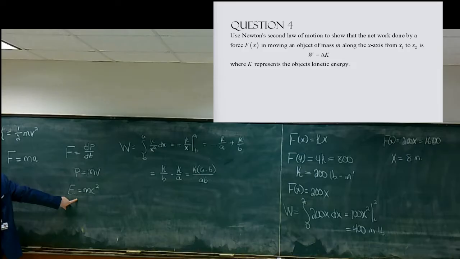How do you think the atomic bomb works? E equals mc squared. How do you think the sun works? E equals mc squared. Two hydrogen atoms fused together to form helium. Believe it or not, a helium atom is slightly less massive than two hydrogen atoms.